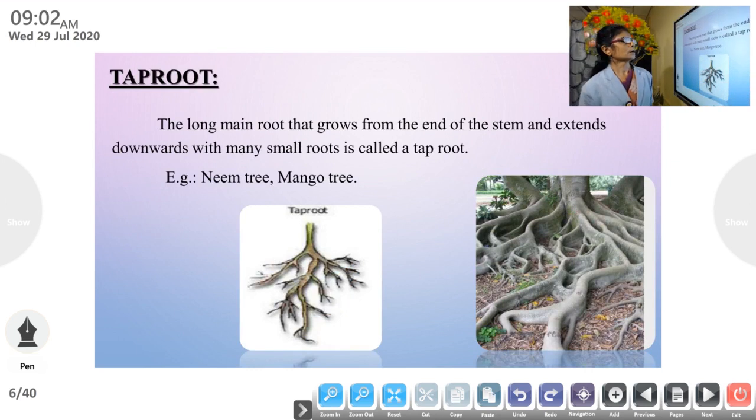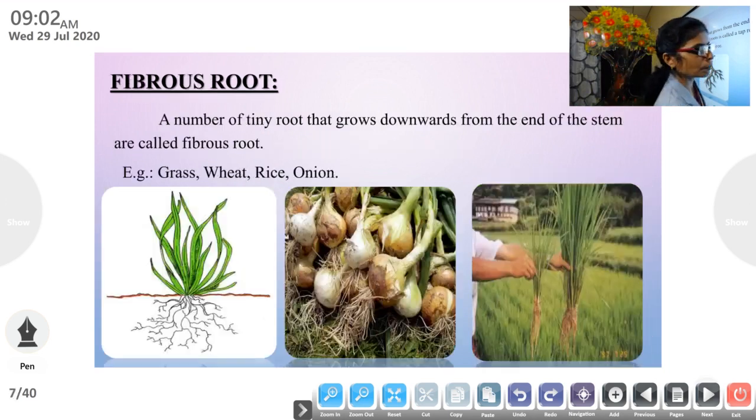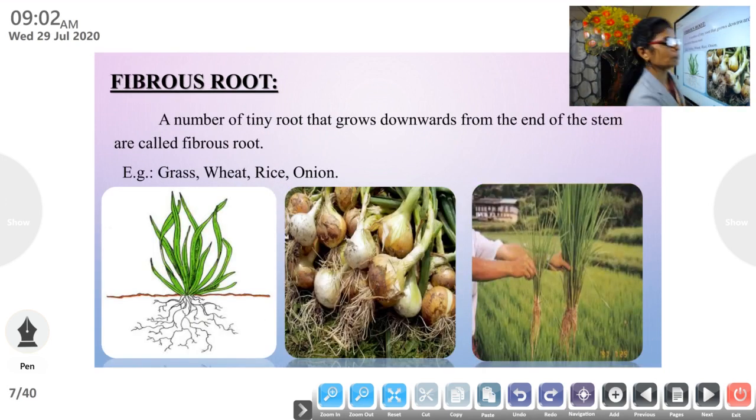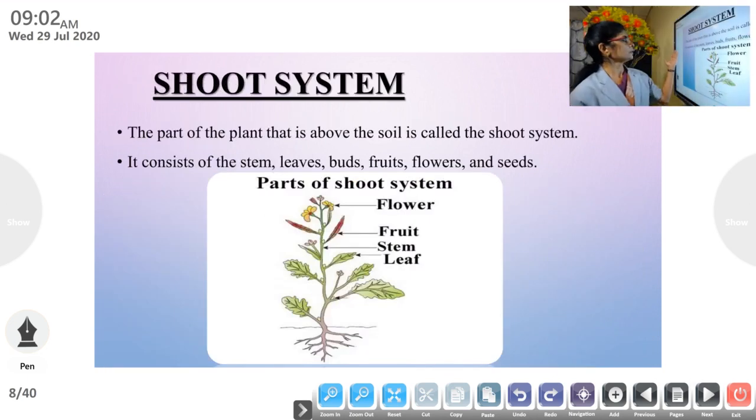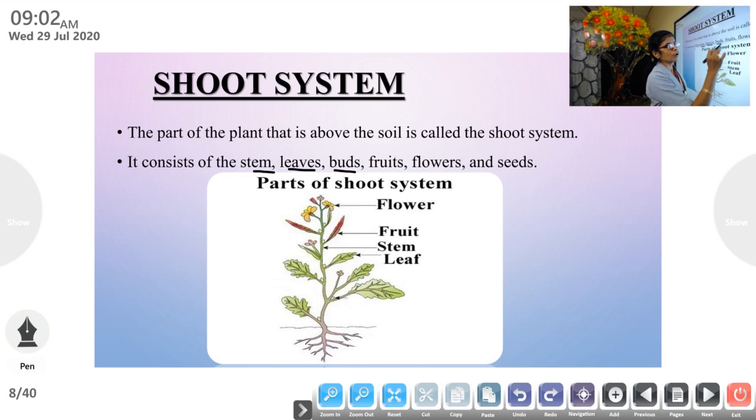Then you studied the difference between taproot and fibrous root. Then the shoot system contains stem, leaves, buds, fruits, flowers and seeds.